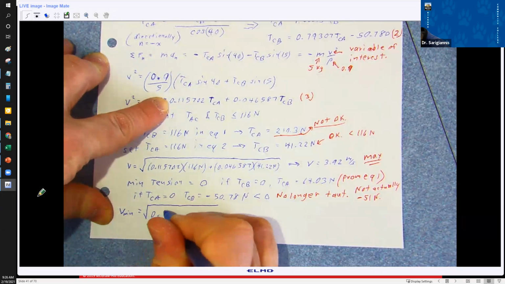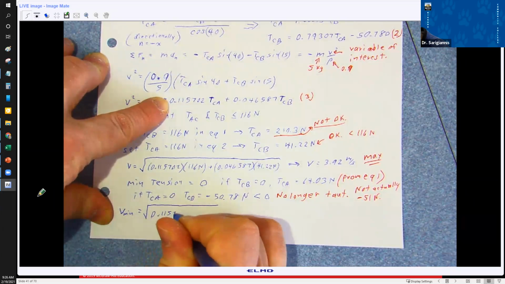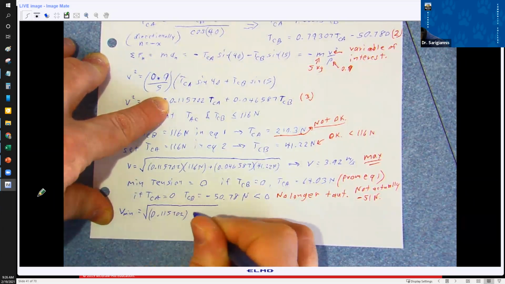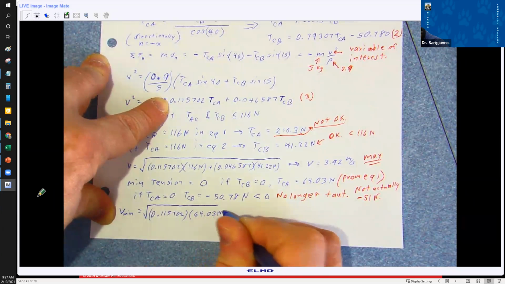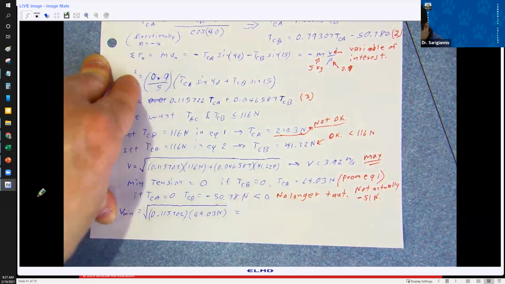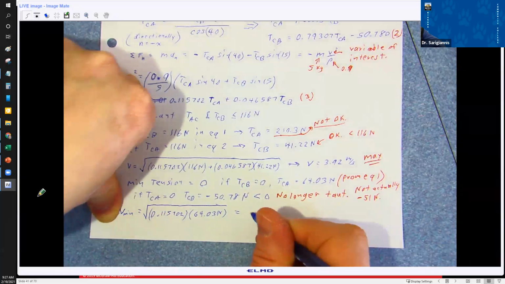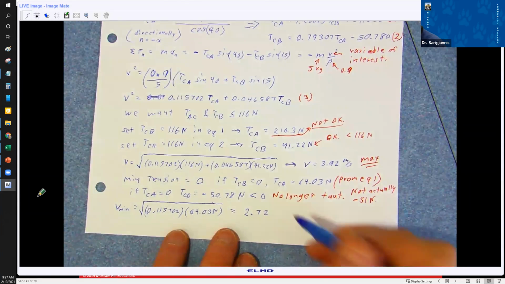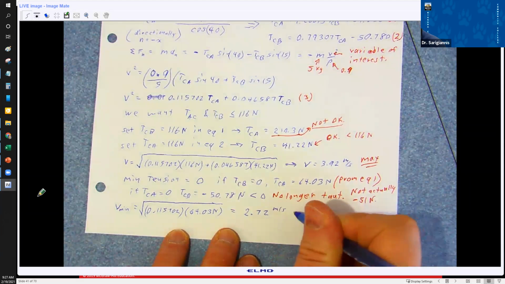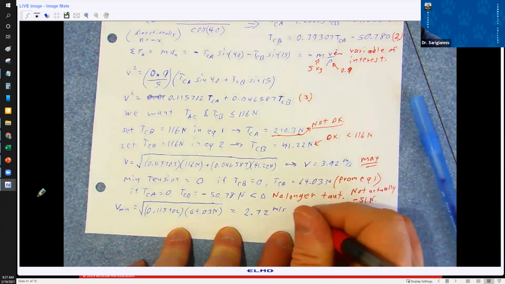So 0.115702 times the 64.03. And what does this give us? 2.72 meters per second. And this is our min.